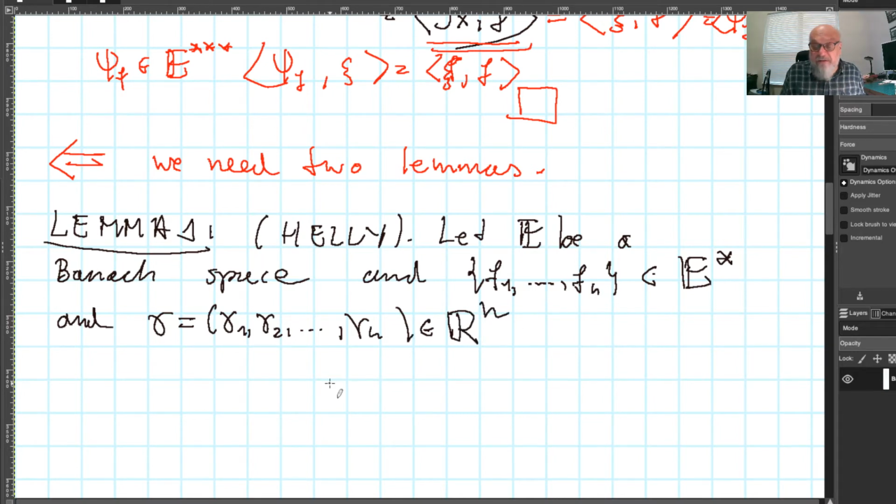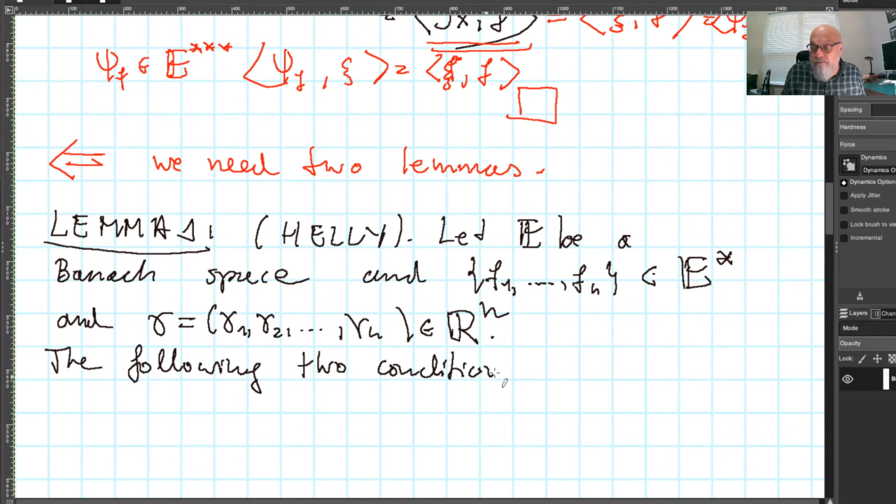Then the following two conditions are equivalent.